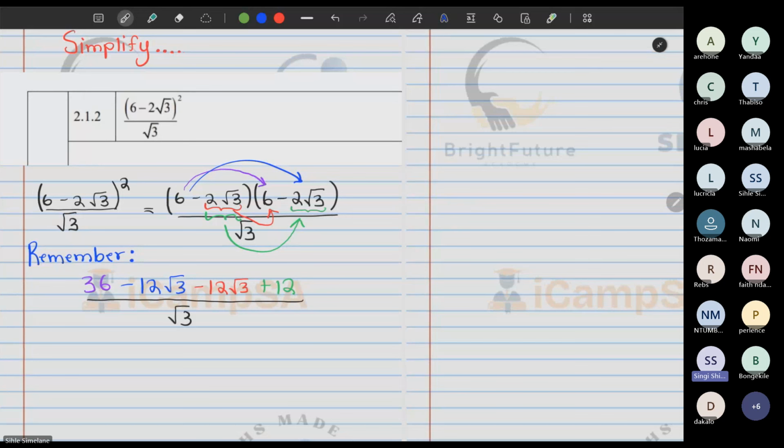Could you please explain how we got the positive 12 again? Okay, where is the person who gave me a 12? You can give it a shot. So I say that negative 2 square root 3 times negative 2 square root 3. Okay, and then how did you know that that is a 12?